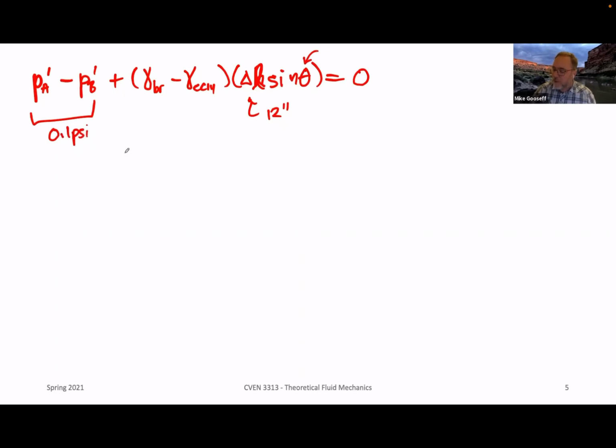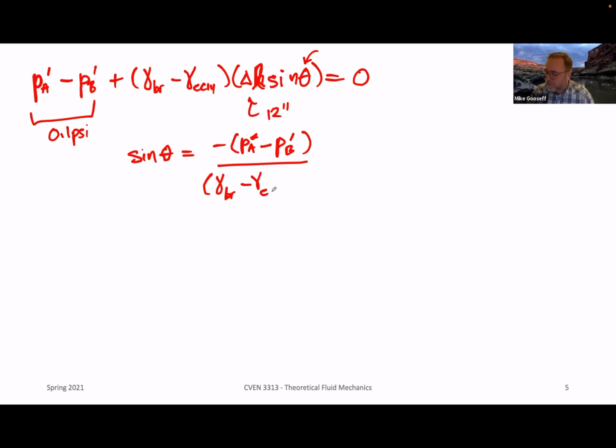So let me rearrange this and say that sine theta is now equal to minus PA prime minus PB prime over gamma brine minus gamma carbon tetrachloride times delta L. And now we can basically write out the values here.